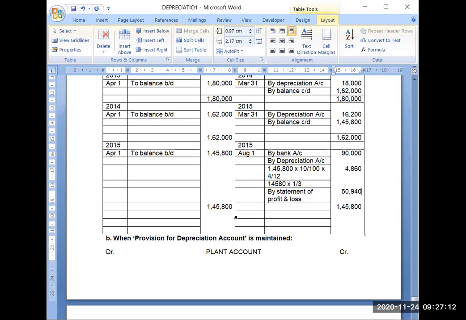This will be the loss, and because we are having only single machinery, that's why that machinery has been sold. The balance will become nil. You can check that this side has been completed with the total of 1,45,800 also. So in this way, our old method is complete now.